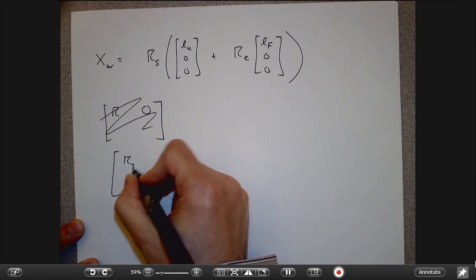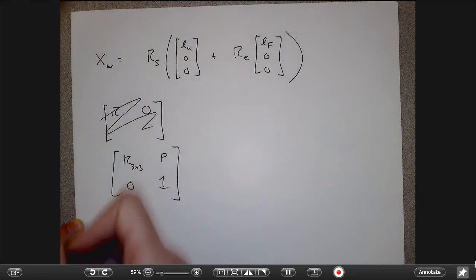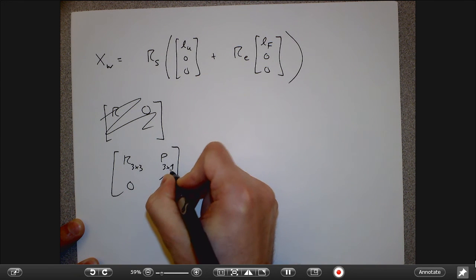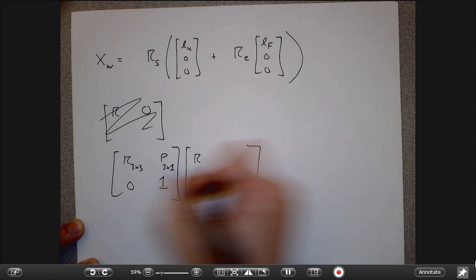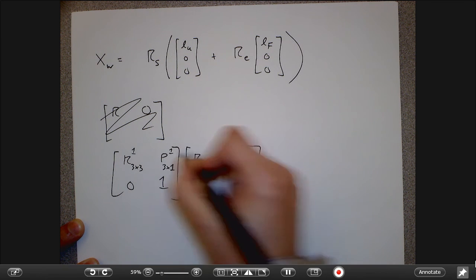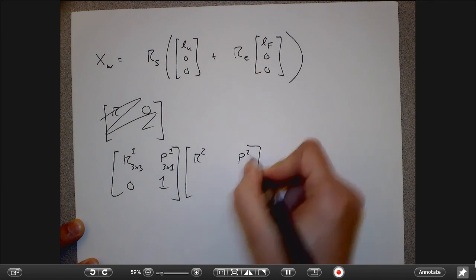What I'm getting at here is that for every joint, this is kind of weird notation, just bear with me.